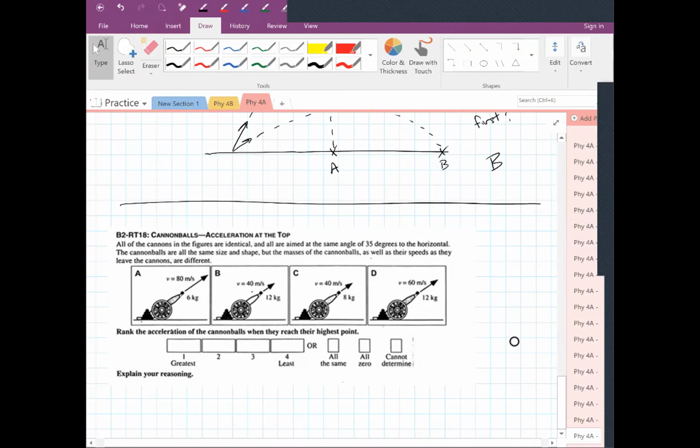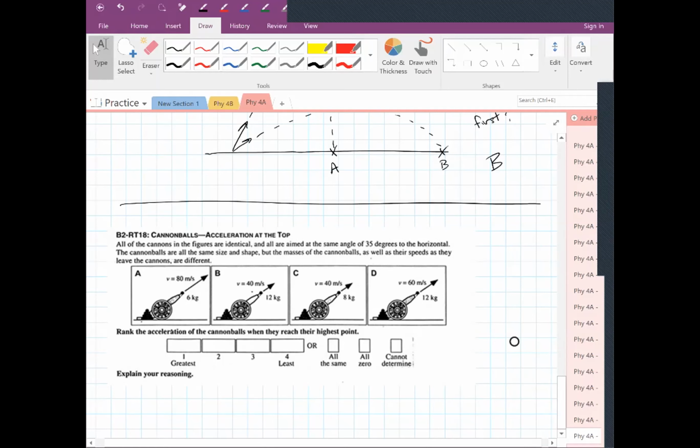So we've got these 4 cannons. They're all aimed at the same angle, 35 degrees. The cannonballs are all the same shapes and sizes. Oh, but they're different masses.